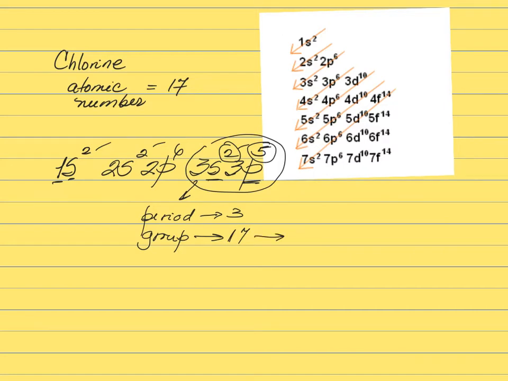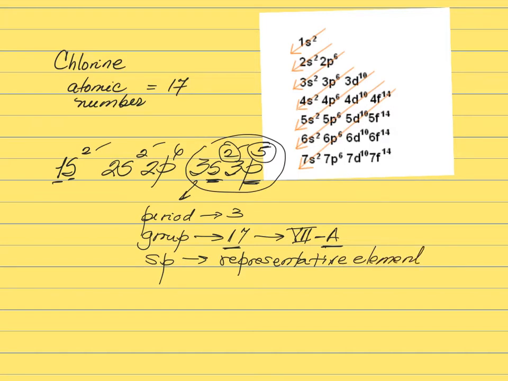In other periodic tables, group 17 is represented as group 7A, because since the ending is sp, chlorine is a representative element.